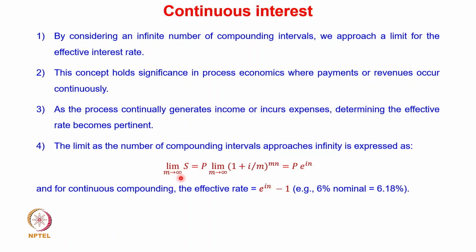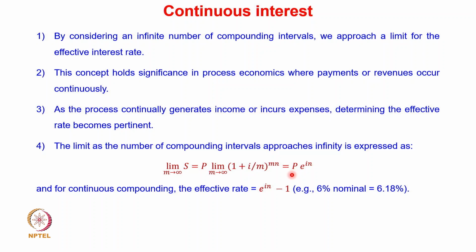Here m will be infinite, because you are performing compounding an infinite number of times. So S is given as the limit as m tends to infinity of P × (1 + I/m)^(mn). If we solve this limit, what we get is S = P × e^(In). So we can calculate the value of the money if there is continuous compounding taking place.